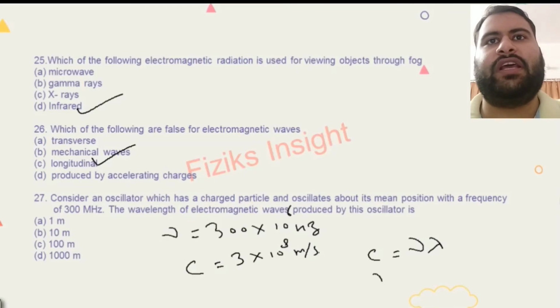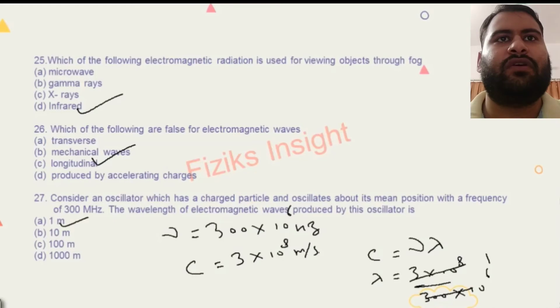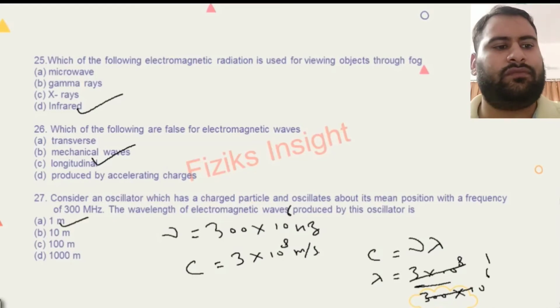Now for the wavelength, we know C is equal to frequency into wavelength. So your wavelength comes out to be 3 into 10 raised power 8 divided by 300 into 10 raised power 6. So the wavelength will be 1 meter. So A option is correct for the 27th question.